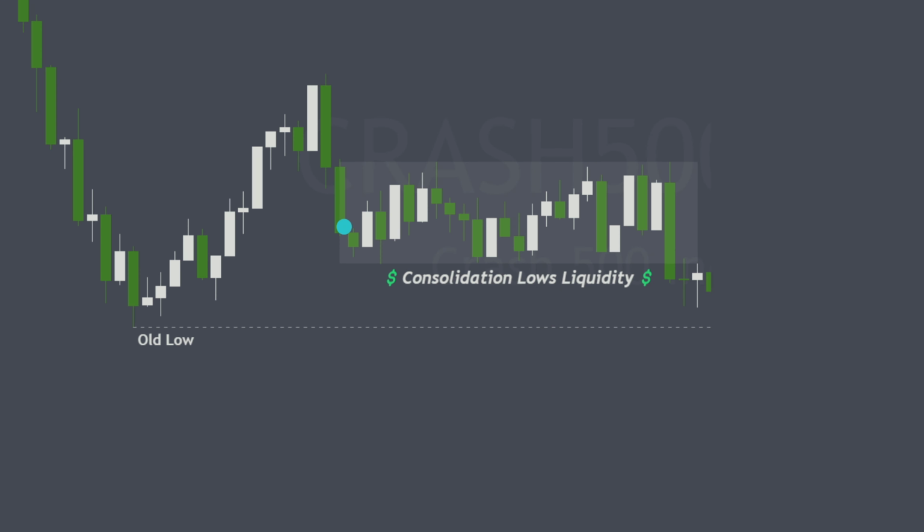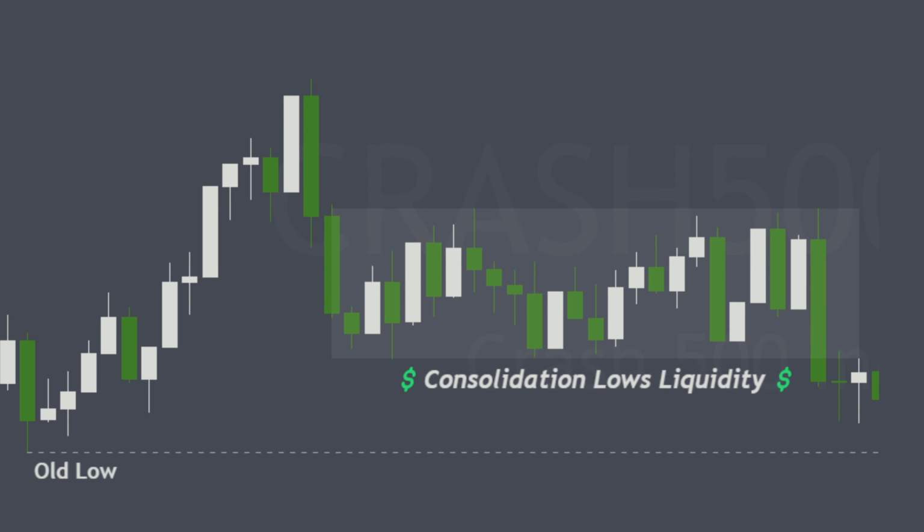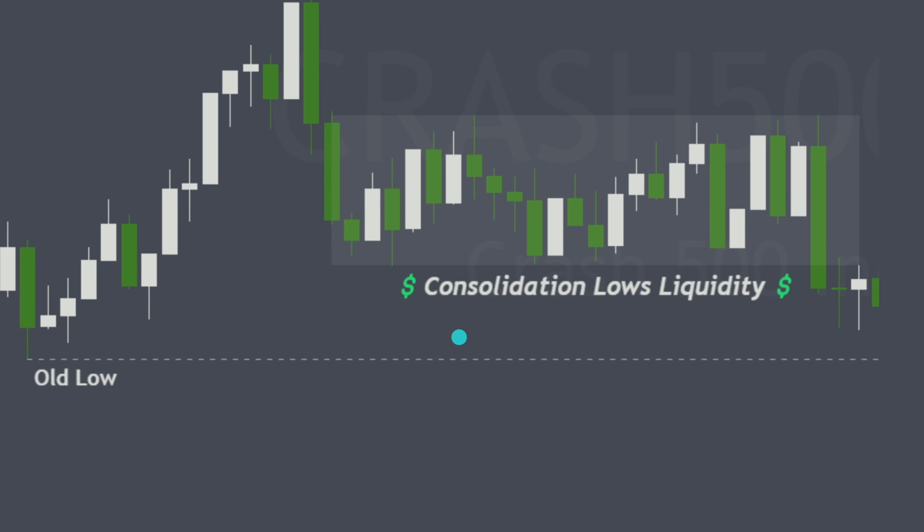What you have to understand is the moment price starts going sideways, it doesn't matter if the candles are small or not. As long as price is going sideways, we consider that a consolidation, right? So we had to identify this high here and then this low here. Price then consolidated in that same area for some time, which led us to identify our consolidation lows.